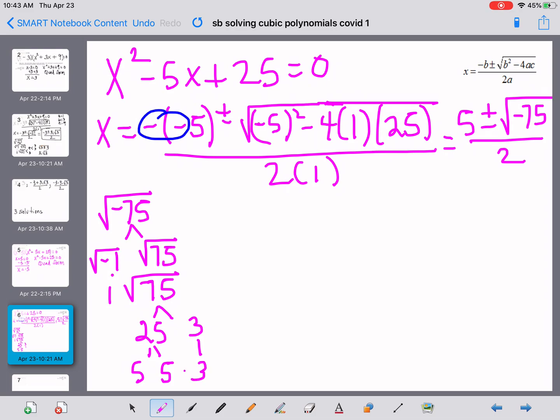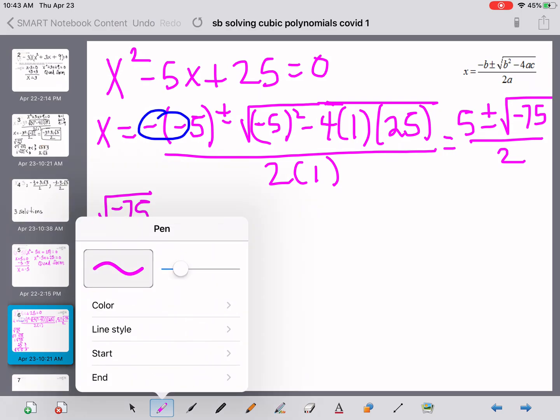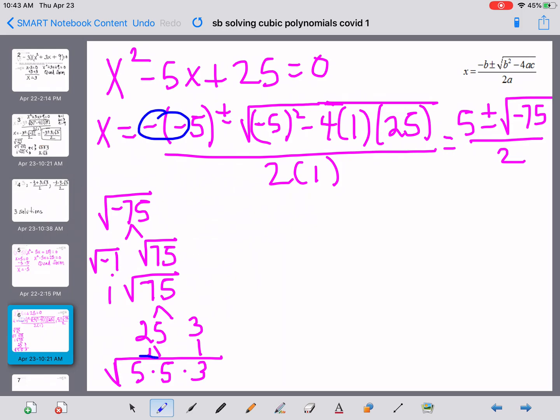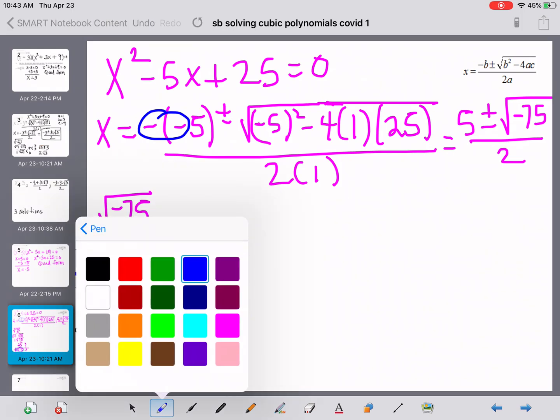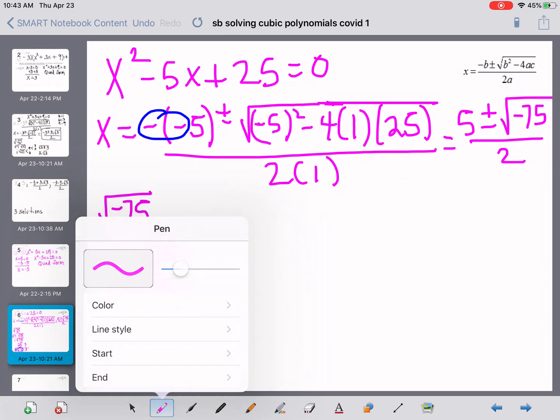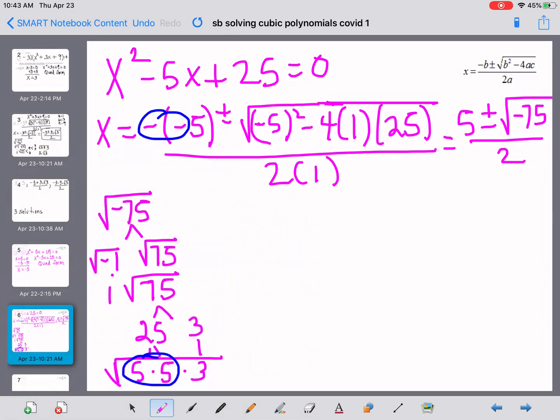So I can carry down the 3. What we're looking for, again, is 2 of the same to take out 1. That is going to leave us with 5i square root of 3. Don't forget that i.